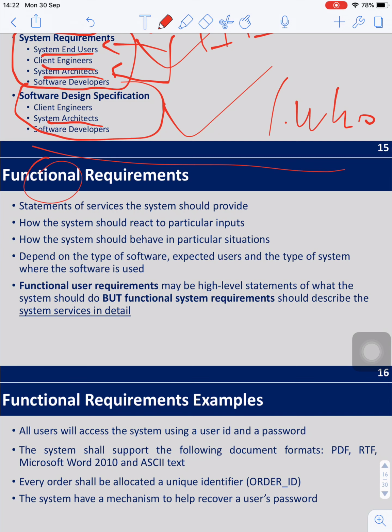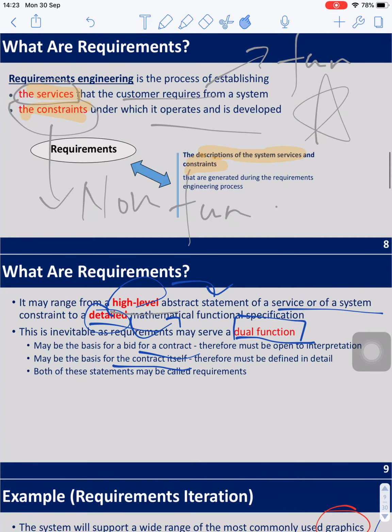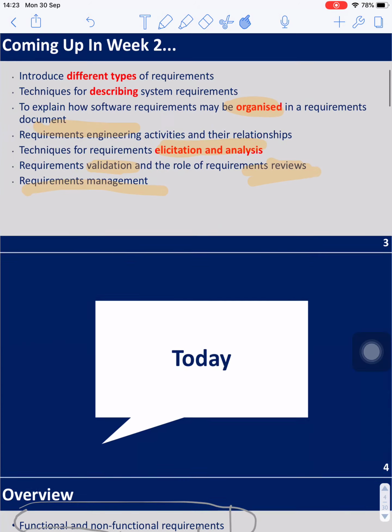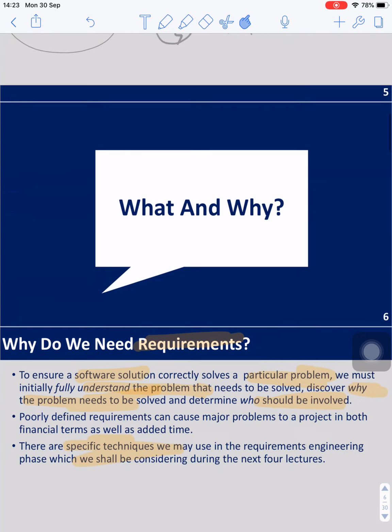The statement of services, the functional requirement, may be a higher level statement of what the system should do, but the functional requirement should not describe services in detail. I just want to make an analogy from the previous one.